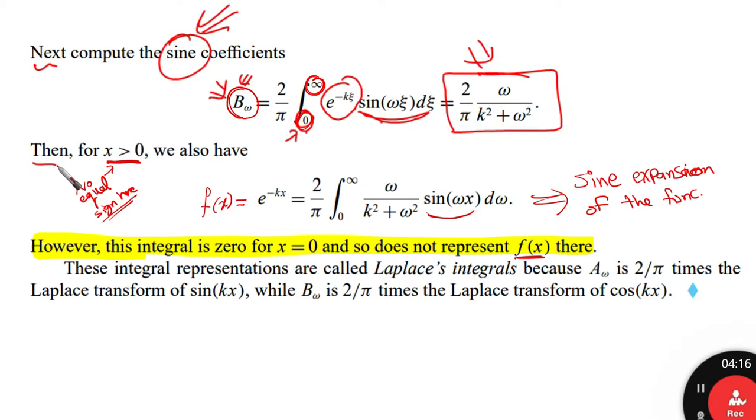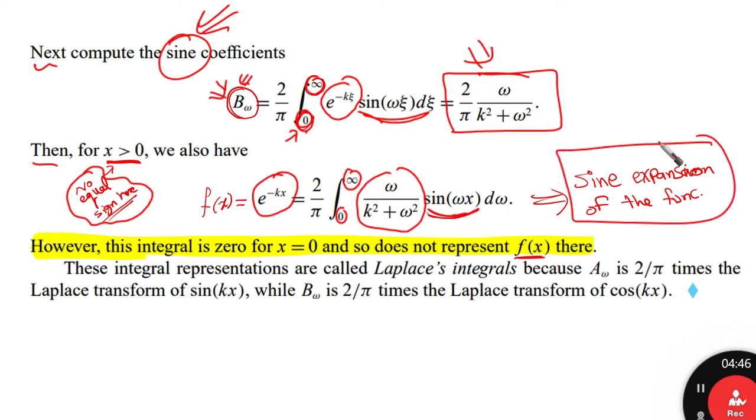So for x larger than 0, larger only here, there is no equal sign, we also have this expansion based on B omega. It's going to be f of x equal to e raised to minus kx, equals 2 over pi, the integral from 0 to infinity of omega over k squared plus omega squared, times sine omega x. This is the sine expansion of the function.